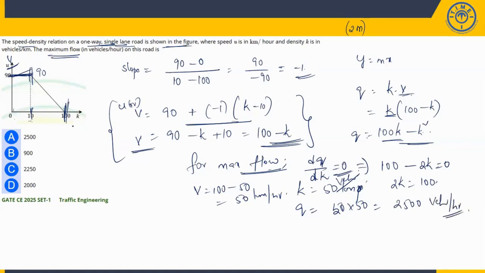See, first from the diagram we established the relation. Next, we know q equal to kv, and we got the equation for q, dq by dk is 0 for maximum flow. From that we found k, we found v, from that we found q, that is q max.